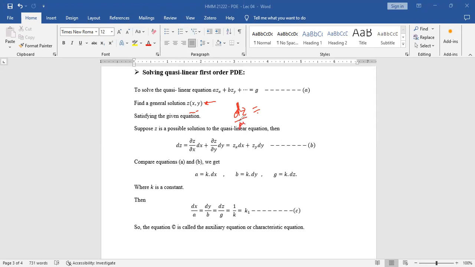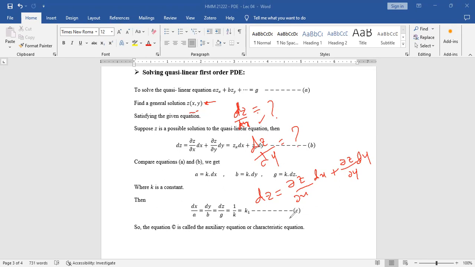So totally we can write like this: dz can be written as partial z over partial x dx, I'm doing with respect to x first of all, then with respect to y, dy.